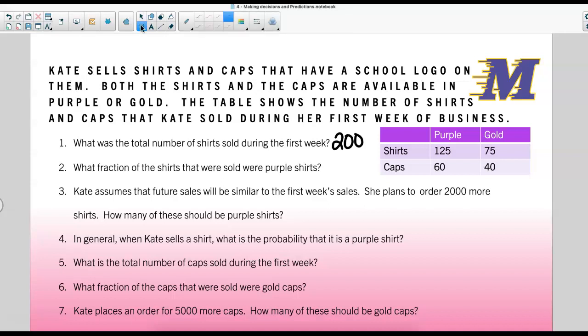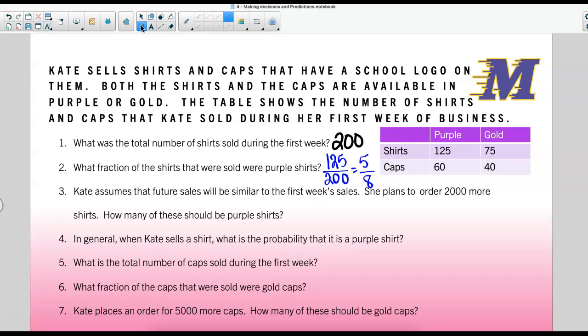Next: what fraction of the shirts that were sold were purple? 5/8, right? 125 out of the 200 were purple, which simplifies down to 5 out of every 8 shirts sold. So far, so good.